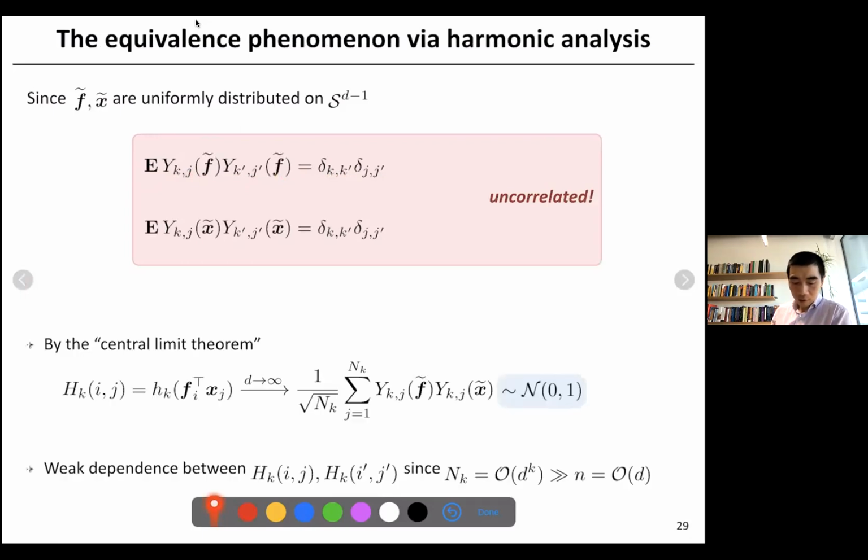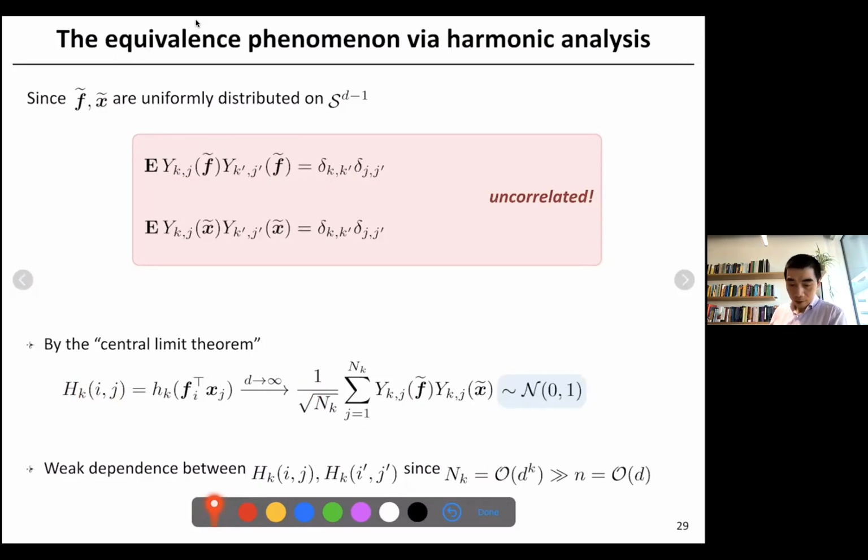Because of this, each entry of our nonlinear matrix can be written in this form. If we replace all these spherical harmonics by independent copies, then by a central limit theorem argument, each entry of this nonlinear matrix is going to be a Gaussian random variable in the high dimension limit.